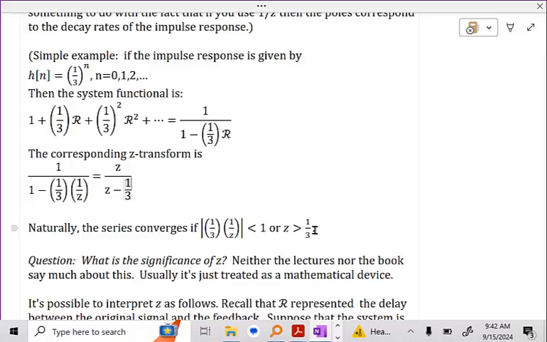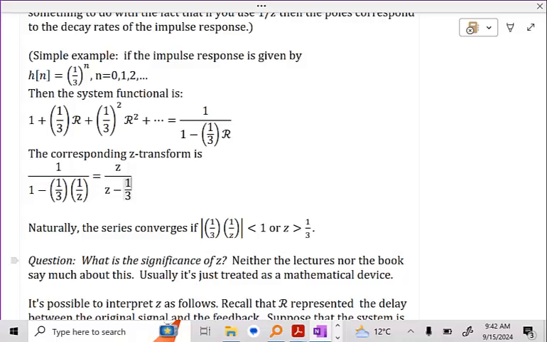So, what's the meaning of this Z? What's going on with this Z? So, neither the lecture nor the book say much about this. They just treat it as a mathematical device. And in fact, it is in some way a mathematical convenience. When we do Fourier transforms, we'll see that the variable has a physical interpretation.